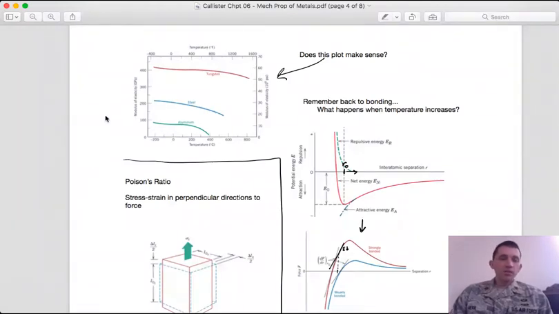So a relatively minor point in Callister was that the modulus of a material generally has a temperature dependence. It's not drastic, but it's significant.